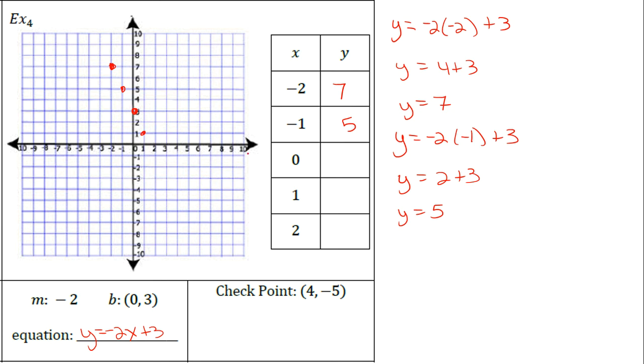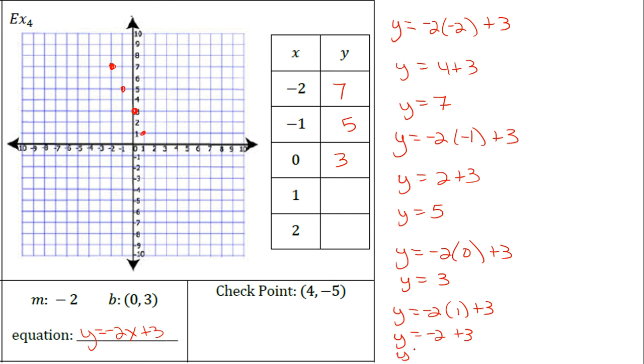We already know our y-intercept is (0, 3), but let's just plug it in. And we get y equals -2 times 0 is 0, and so we get y is 3. Okay, now let's plug in 1, and we get y equals -2 plus 3.